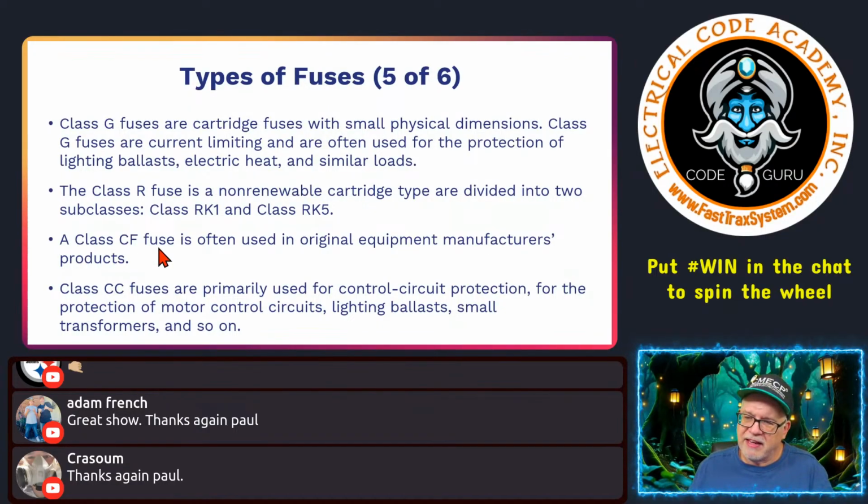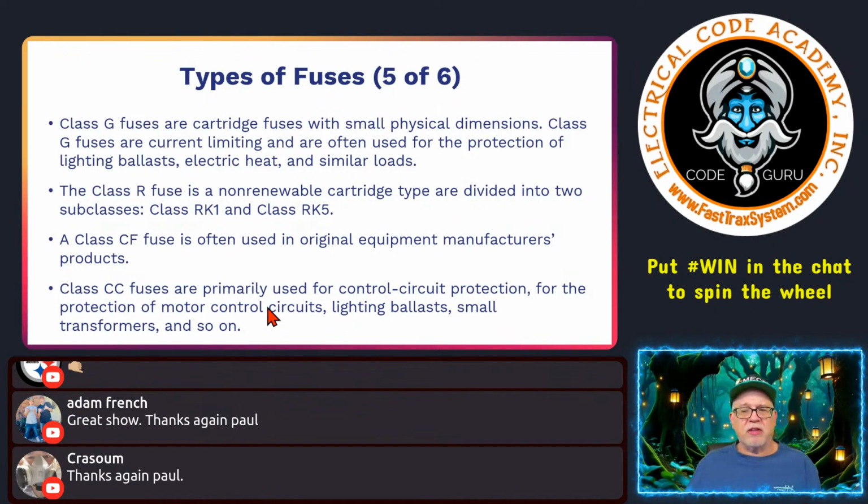Then we have Class CF fuses that are often used in original equipment manufacturer's products. So again, it could be a Class CF that comes from the manufacturers, might be integral to the circuitry for internal protection. And then you got Class CC fuses, are primarily used for control circuit protection. They're probably going to be integral into circuit boards and things like that.